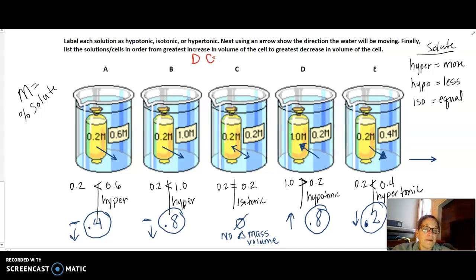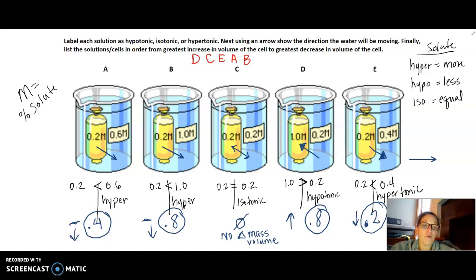Now I look at the numbers. 0.2 is the smallest number, therefore it will have the least amount of decrease in mass. So the next one would be E. 0.4 is next, and so A will have the next amount, and the solution cell combination that will lose the greatest amount of volume and the greatest amount of mass will be B, because it is in the most hypertonic solution, or the solution with the greatest difference in its concentration.